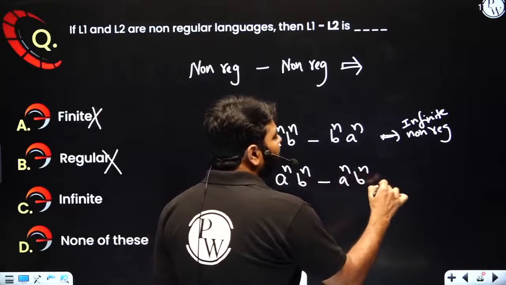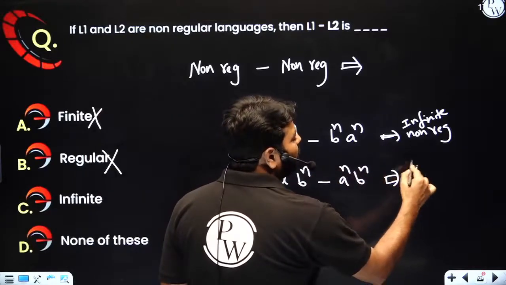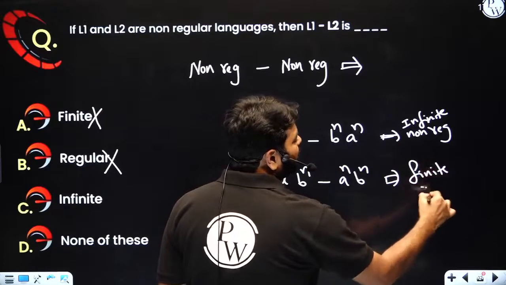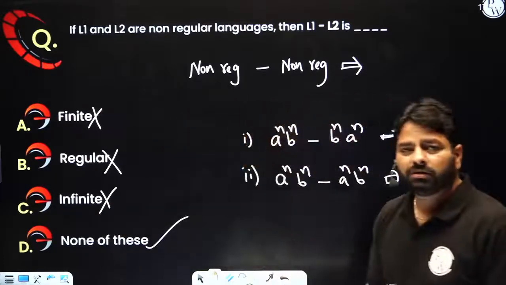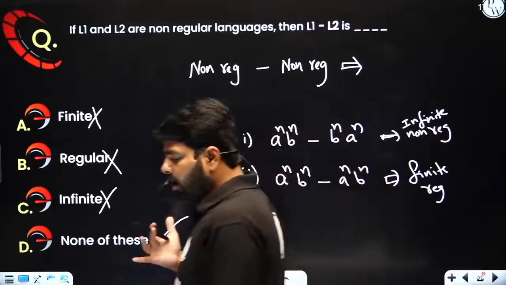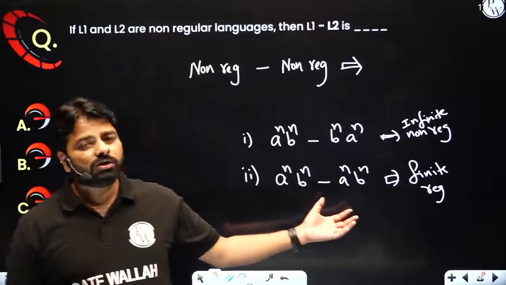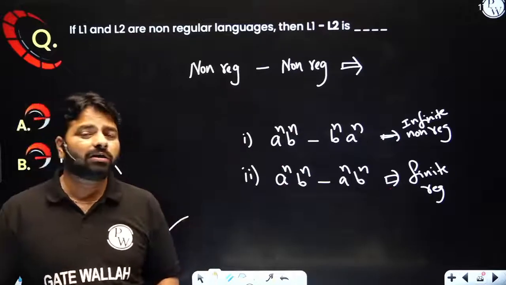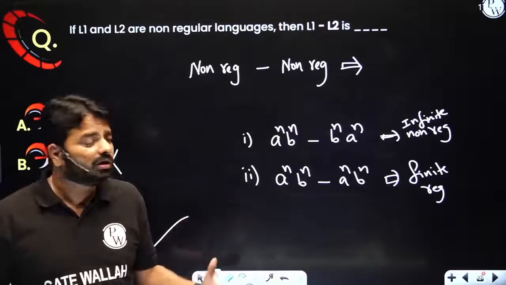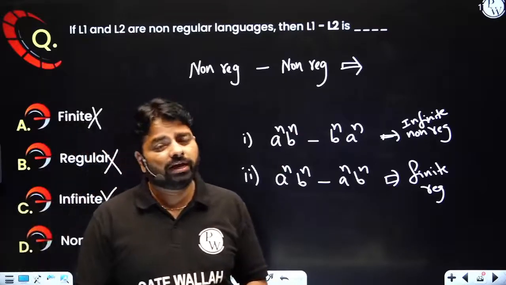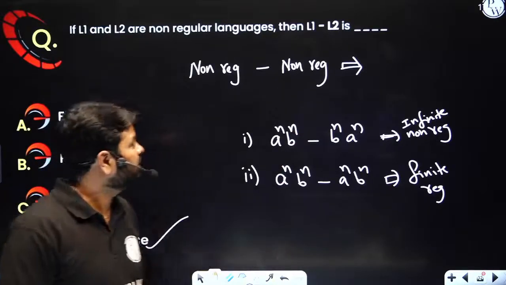I am saying that the result you got is finite, the result you got is regular. That means even this is also wrong. You go for none of this. Okay, so understand how you should take an example to perform non-regular minus non-regular, non-regular union non-regular, non-regular intersection non-regular. These are really interesting questions from the exam point of view.